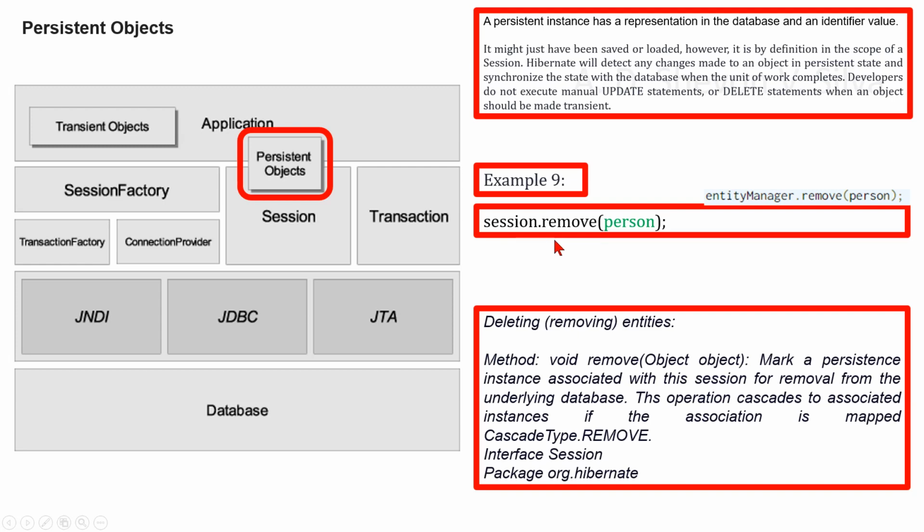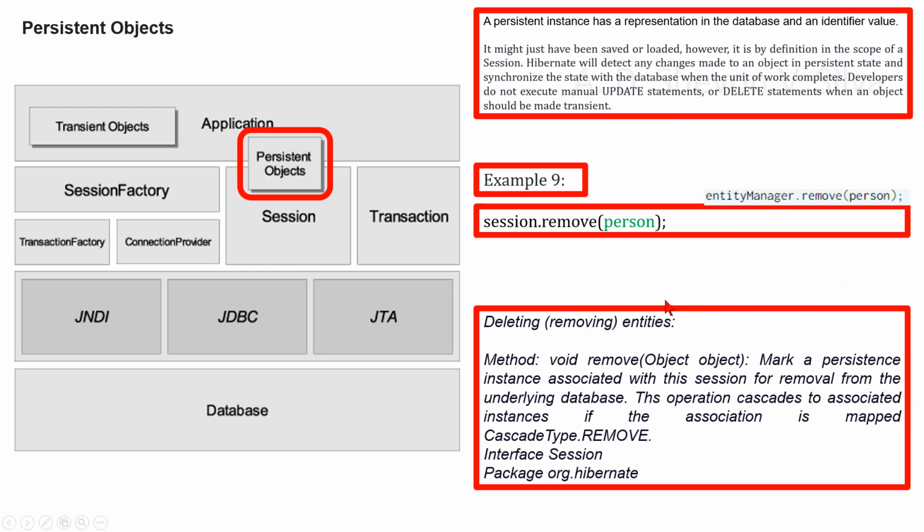Entities can also be deleted. This is deleting an entity with the Hibernate API, and this is deleting an entity with Jakarta Persistence. Hibernate itself can handle deleting entities in the detached state. Jakarta Persistence, however, disallows this behavior.